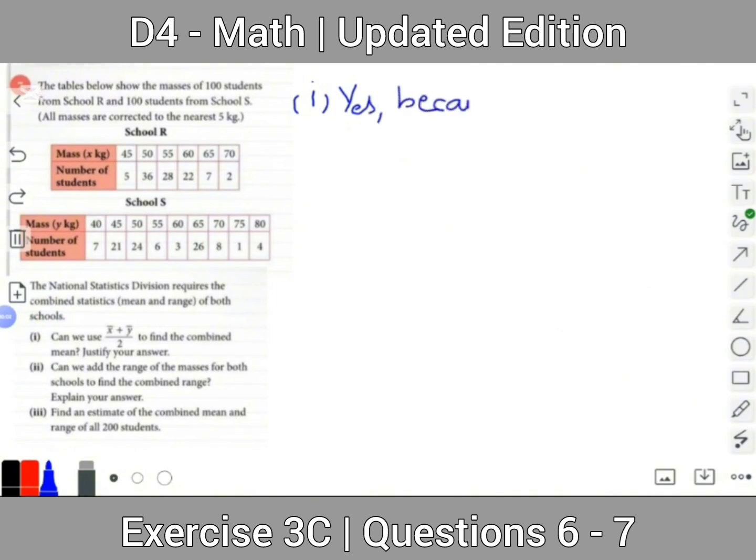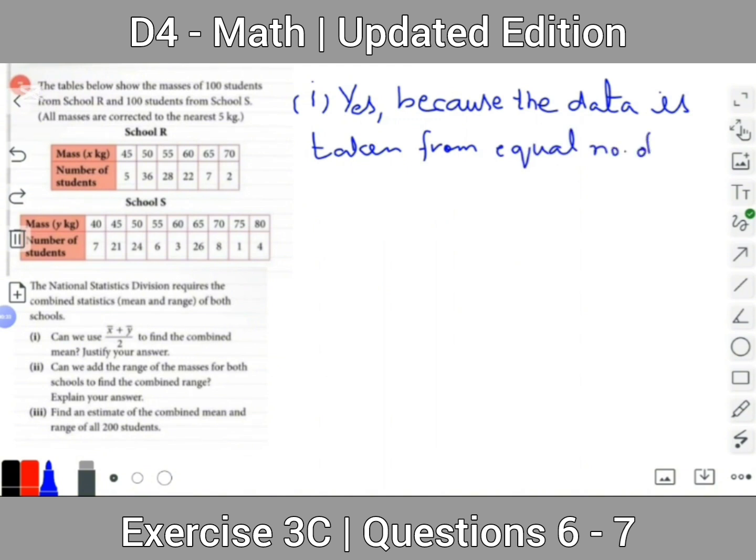because the data is taken from equal number of students per school.